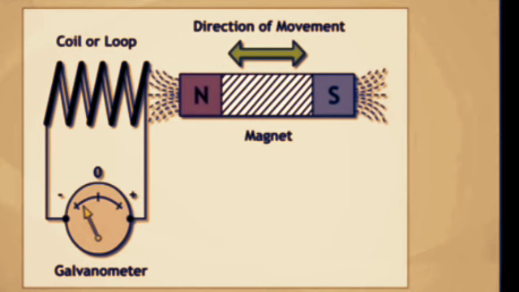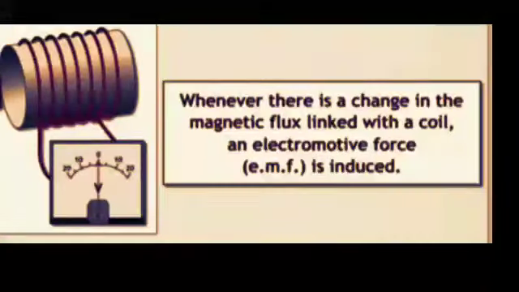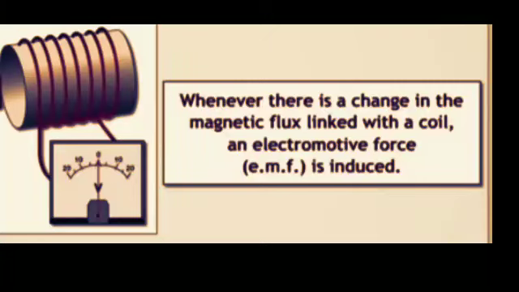He showed that an electric current can be produced in a conductor with the help of a moving magnet. Whenever there is a change in the magnetic flux linked with a coil, an electromotive force is induced.